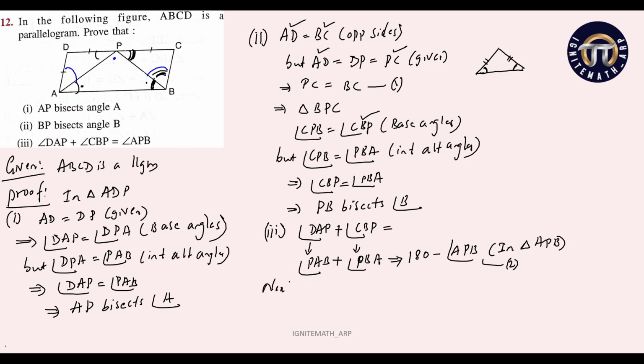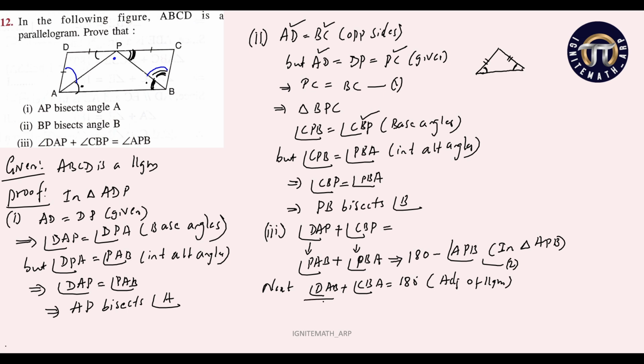So next what I do is, look at this angle A, that is DAB, plus angle CBA is equal to 180 degrees. That is nothing but adjacent angles of a parallelogram.